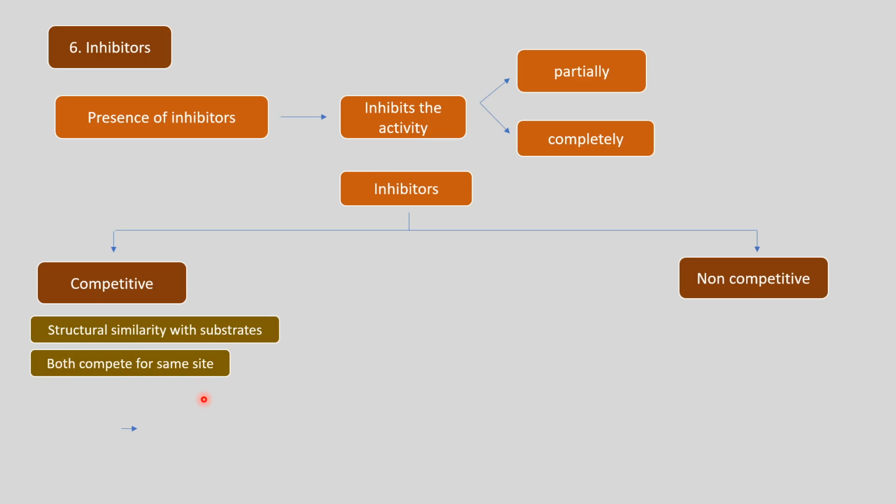Since both of them have a similar structure, they will compete for the same site. And if inhibitors bind first, then this could lead to inhibition of enzyme activity, because the enzyme has not received the substrate, rather it has received the inhibitor at its active site.